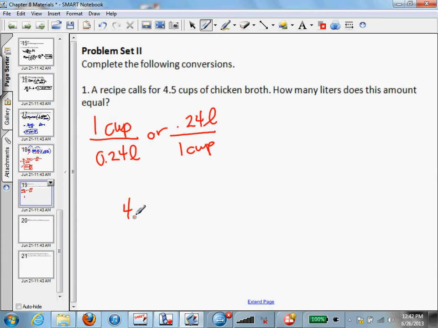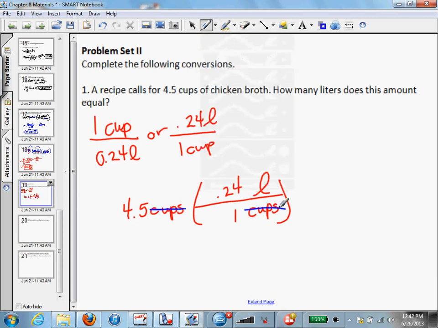Alright, to go from 4.5 cups, you want to multiply where the cups would be on the bottom to cancel out, leaving with your liters on top. So which matches this display? The second one does.